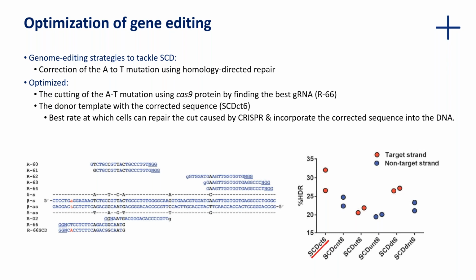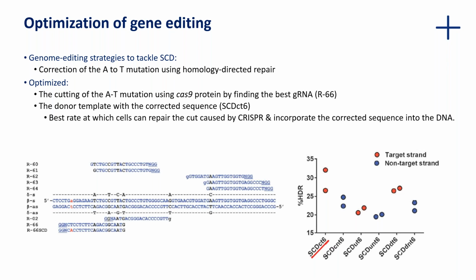As part of the optimization, they designed various CRISPR guide RNAs that target the first exon of the beta globin gene, with varying proximity to the sickle cell disease point mutation that Yvonne referred to.